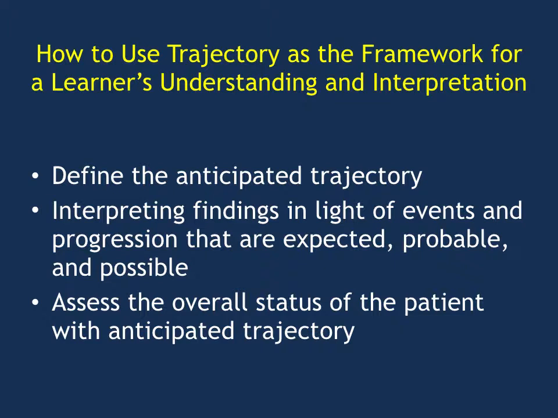And then encourage them to interpret all the findings, both in terms of patient subjective complaints as well as lab values and studies, in light of what is expected, what is probable, and what is possible within the framework of postoperative recovery. And then have them also every day assess the overall status of the patient compared with the anticipated trajectory. Are they on trajectory or off trajectory, and why?